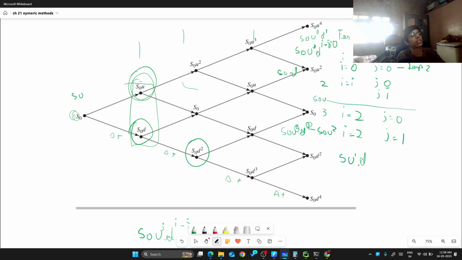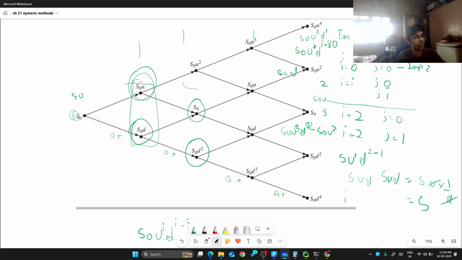Again, what am I doing wrong? S0 u, 2 minus 1. So what is wrong here? S0 u d, okay, S0 u d equal to u into 1 by d, and that is S0.